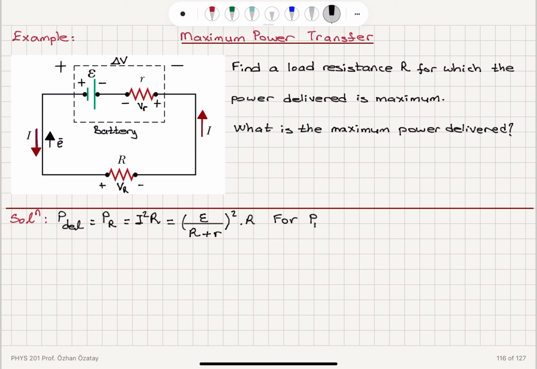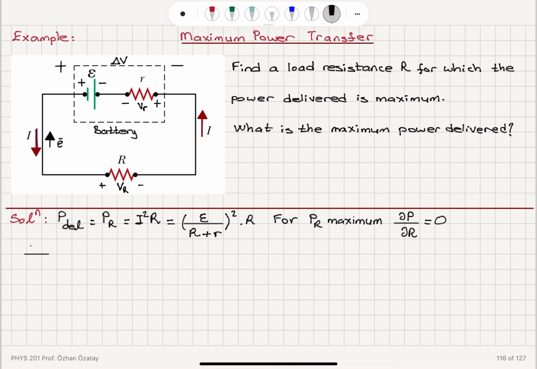For P_R maximum, we will require that the partial derivative of the power delivered with respect to the load resistance should be equal to 0, because it's an extremum. So let's take this partial derivative.